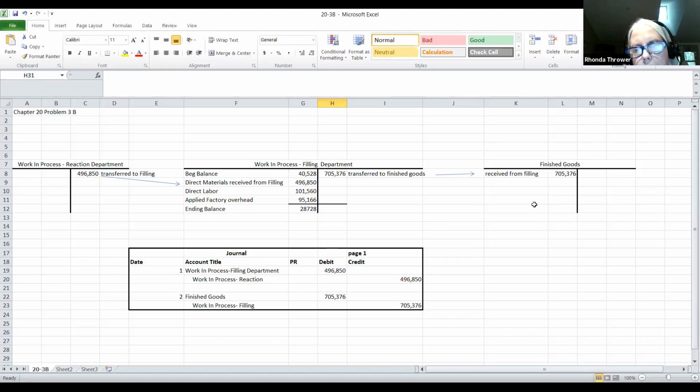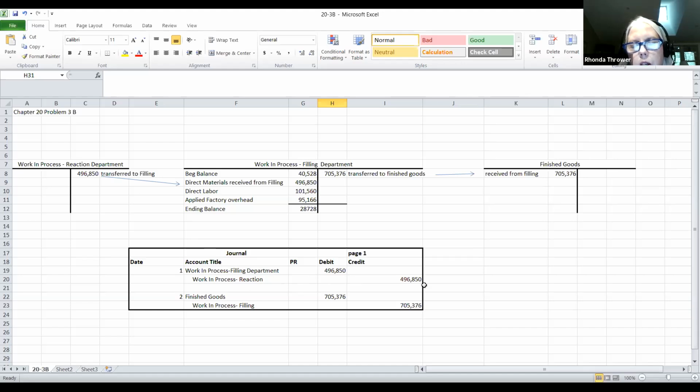My finished goods was debited for $705,376. My work in process was credited for $705,376. So we received some materials into the filling department from the reaction department. We debited those to the filling department.